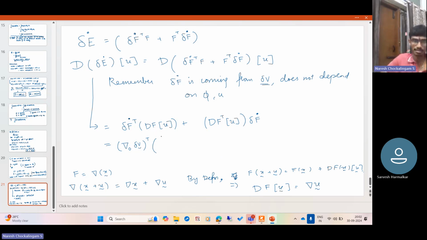So this is nothing but grad u. Plus, what about this? The directional derivative of F transpose is nothing but grad u transpose. So the transpose can be interchanged, and you just get a grad u transpose. And what is del F dot? Del F dot is the material gradient. All these are material gradients, the material gradient of del v.